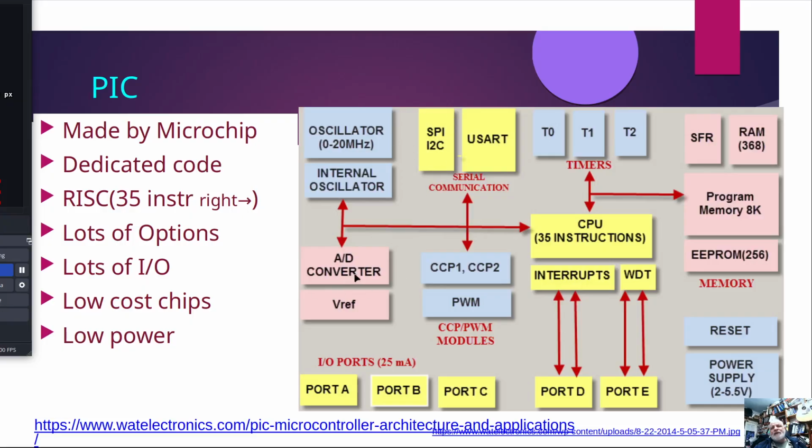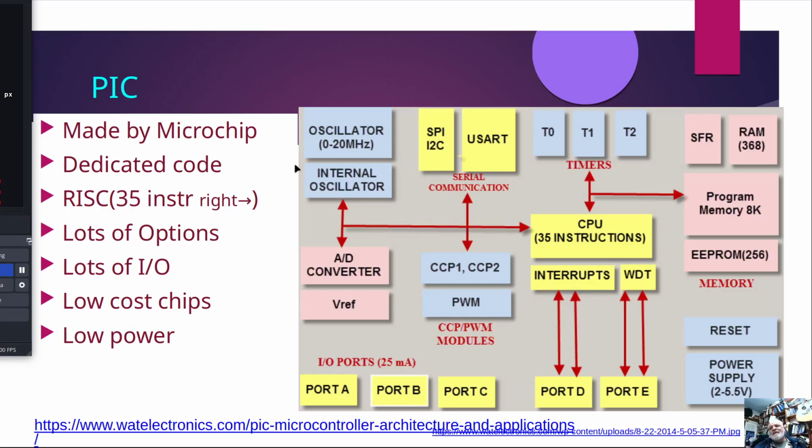So if you look at this, we have analog to digital converters, we have pulse width modulation modules, we've got digital I/O, we've got various serial communication methods, we have built-in timers. Now there's just lots and lots of these different models that are made by Microchip.